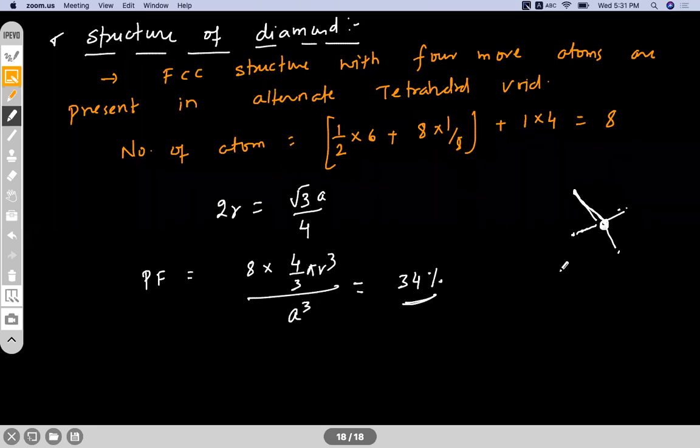Depending upon the radius, we can get the distance over here, and hence we can say geometrically whether these are in touch or not. So in case of carbon, the placement of carbon atoms in the tetrahedral void makes these 2 atoms lose their contact. That's why the structure of diamond is a bit different from the normal FCC lattice that we have.